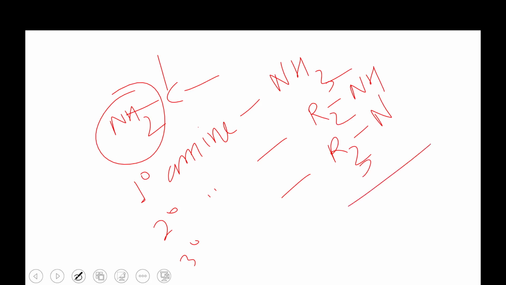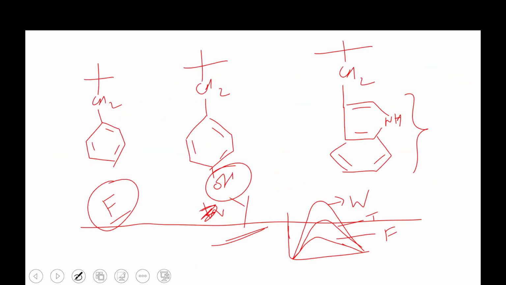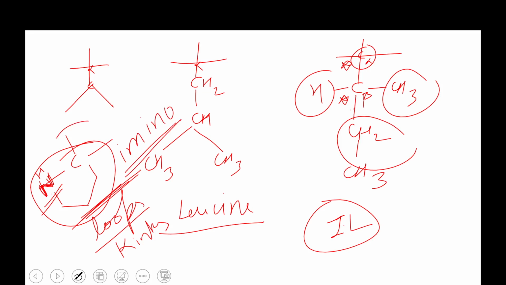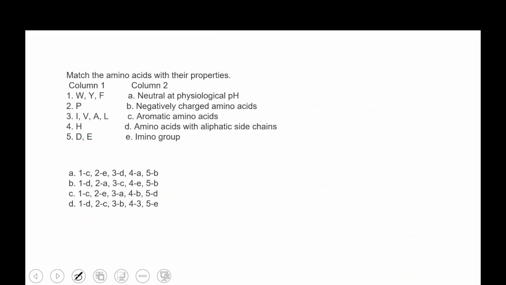This is the primary amine, secondary amine, tertiary amine. In case of a secondary amine structure, this is called the imino group. In proline, this particular nitrogen is the secondary amine, so the ring in proline is referred to as the imino ring, which gives rigidity to this particular amino acid.